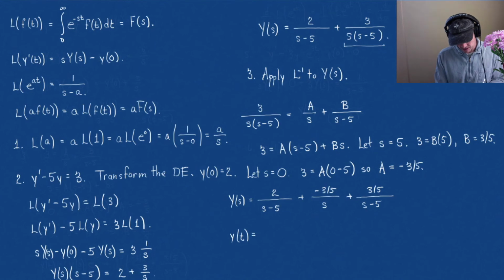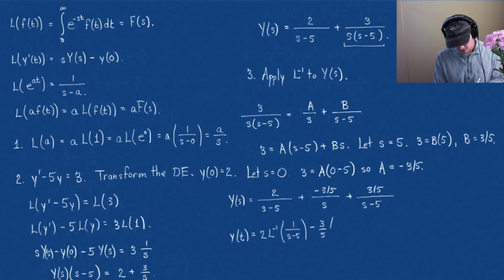We're really looking at 2 times the inverse Laplace of 1 over s minus 5, and then we're going to have a minus 3/5 times the inverse Laplace of 1 over s, and then plus 3/5 times the inverse Laplace transform of 1 over s minus 5.